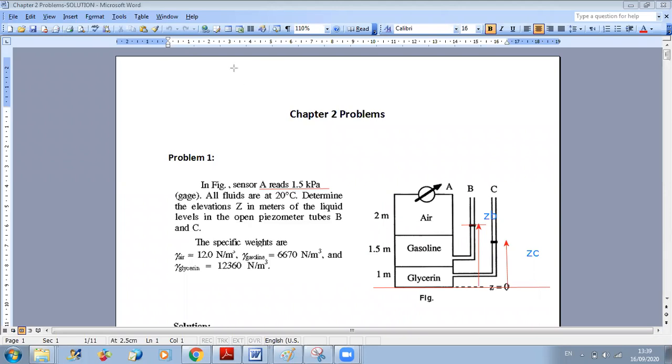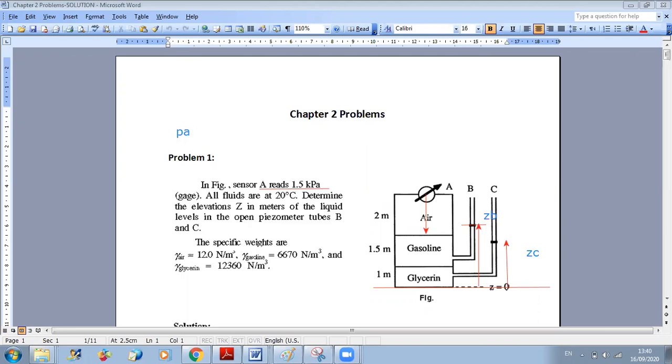So let's go step by step. I will start by PA. Now, from A, I am going downward in air, okay? I am going downward a distance of 2 meters in air. So my pressure is increasing, okay?